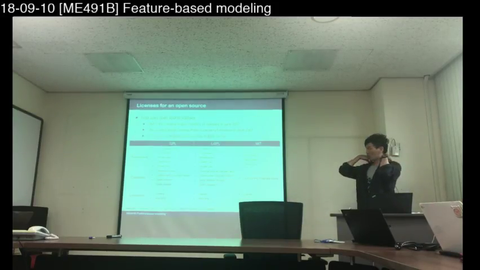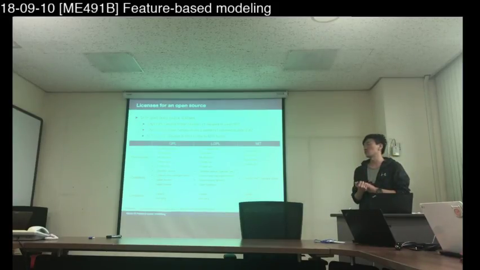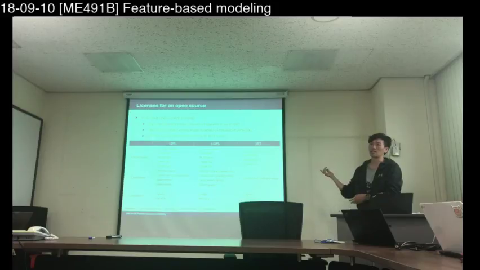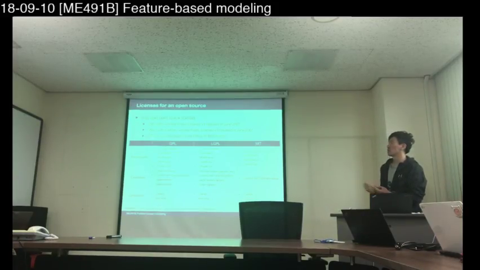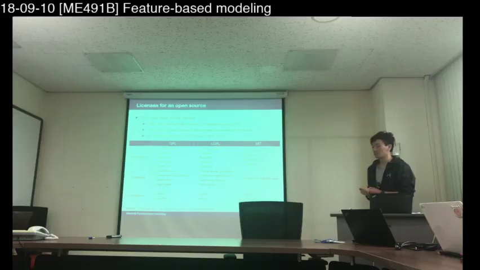And when you use or develop your own software with open source, you should choose a license for it. The most used open source licenses are GNU GPL, GNU LGPL, and MIT license.